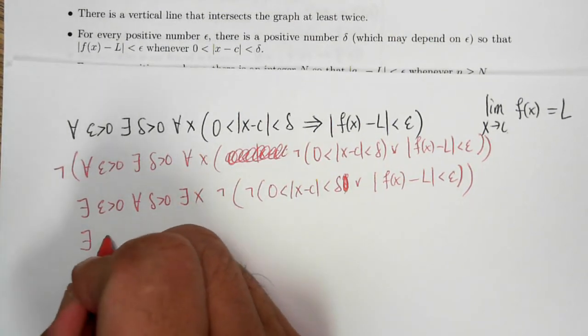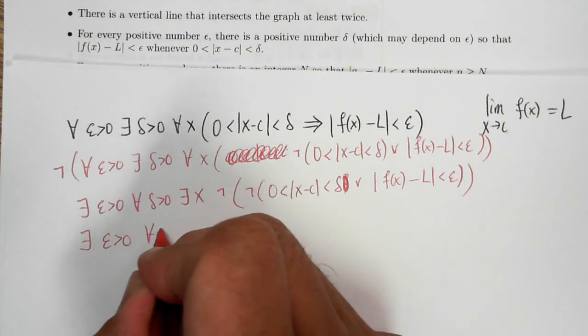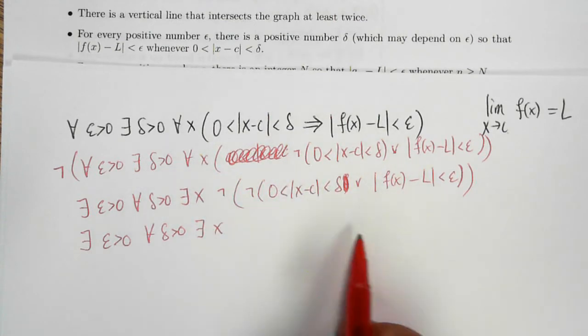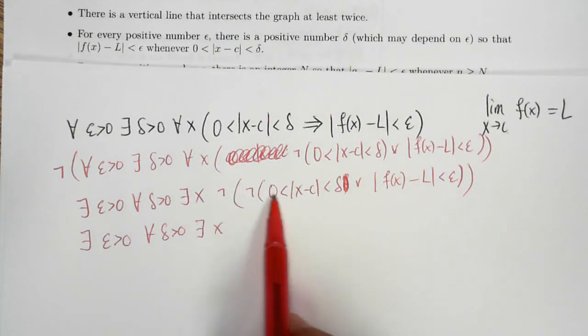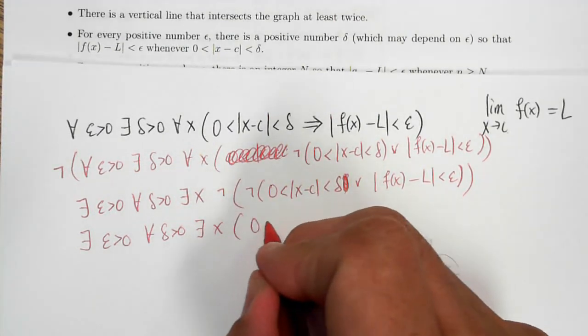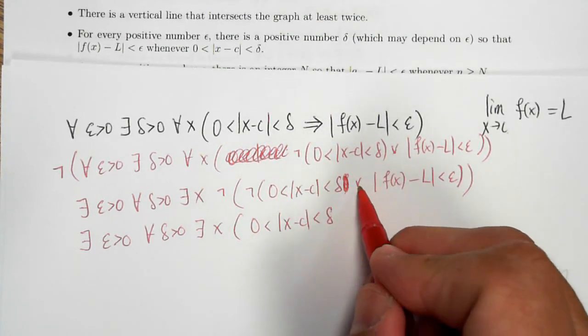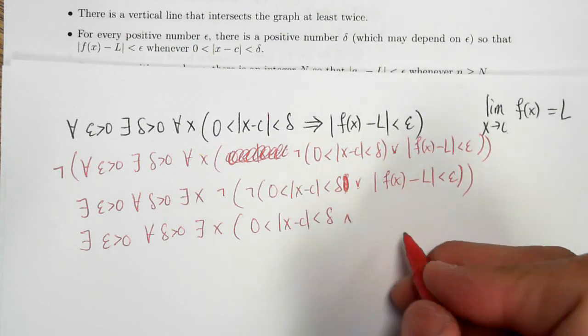Okay, so that means that there exists an epsilon greater than 0, such that for every delta greater than 0, there is a number x, such that the negation of this first statement would be the original statement, by the double negation rule. Then by De Morgan's laws, this or flips to an and.